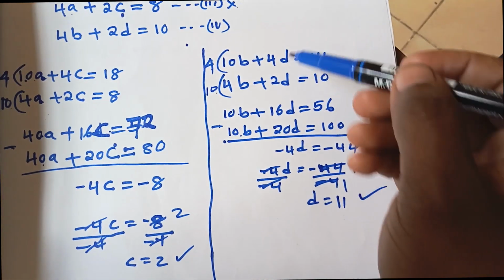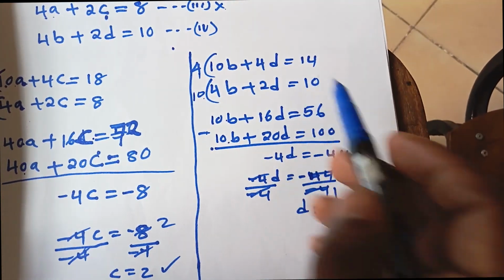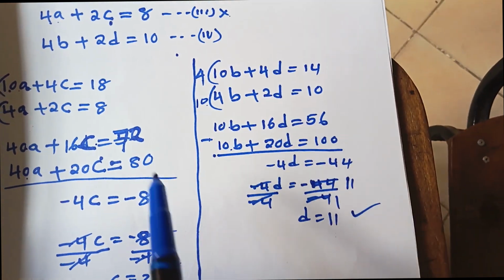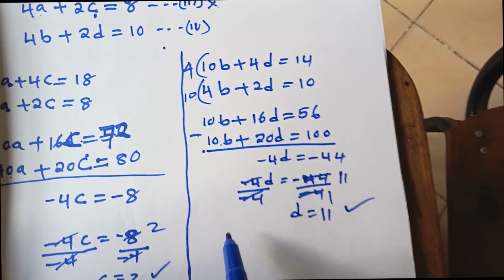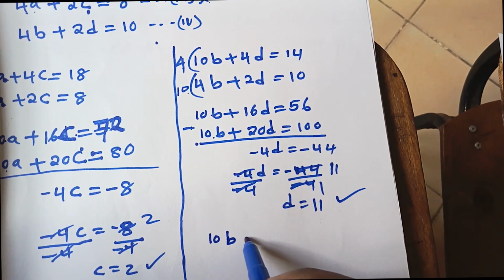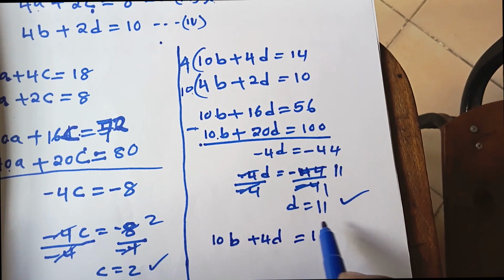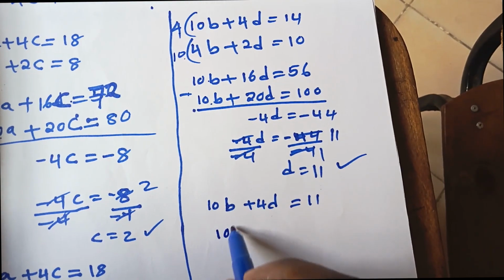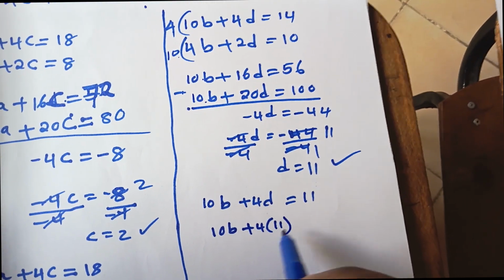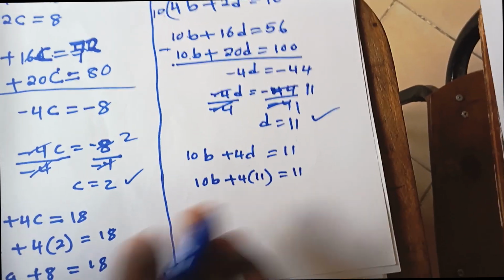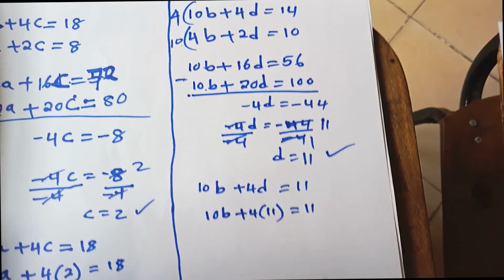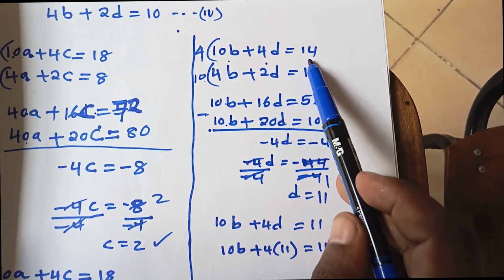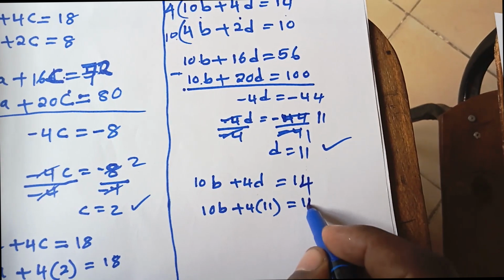Now you take any of the two equations so that you can replace D with 11, so that you can get the value of the unknown that is remaining, which is B. So here we have 10B plus 4D equals 14. Where there is D, you replace D with 11. So you have 10B plus 4 in bracket 11 equals 14.